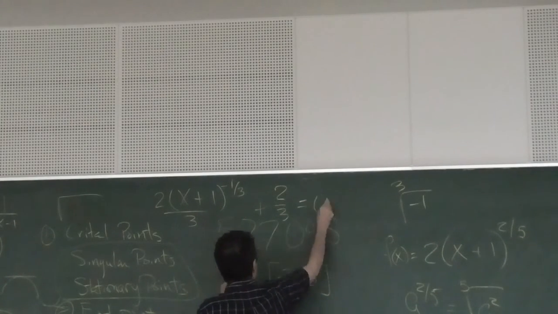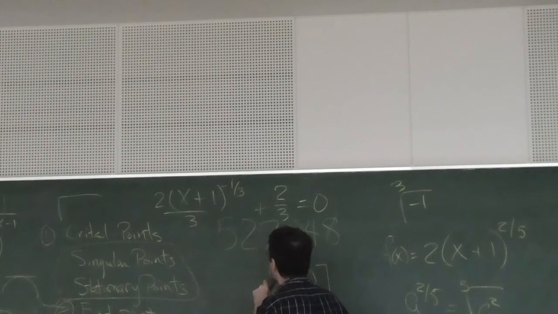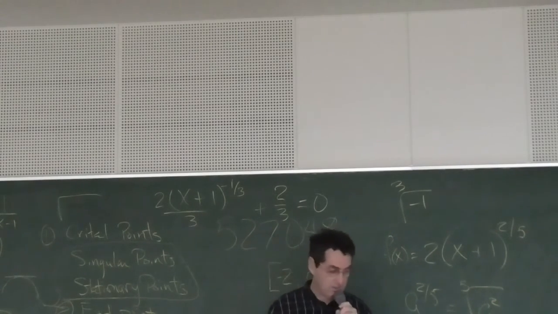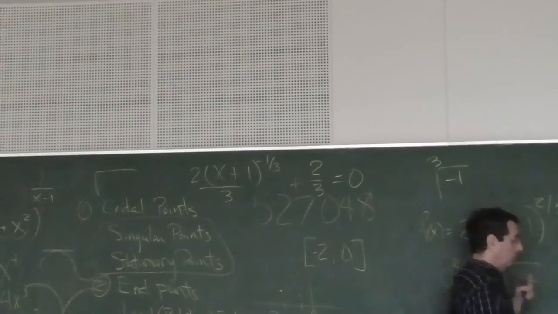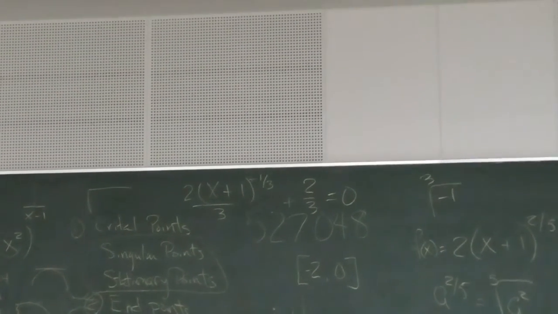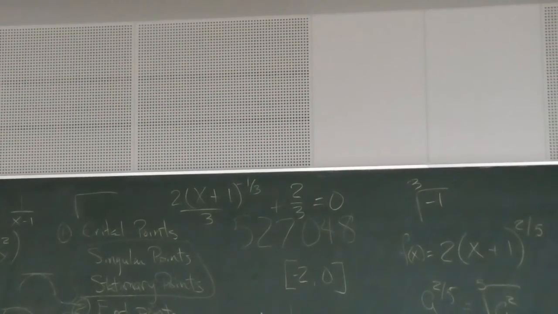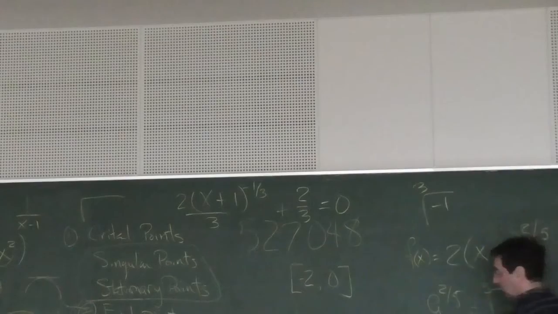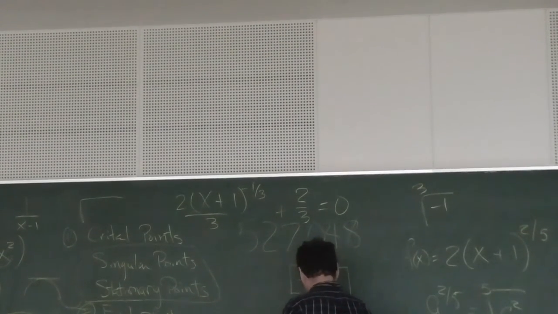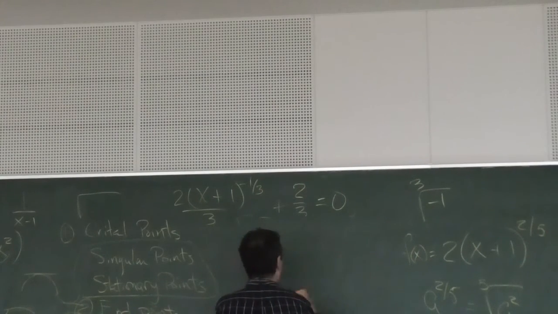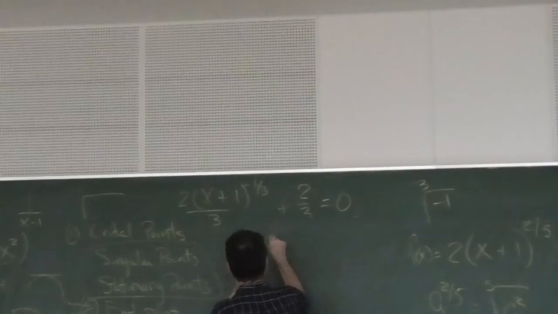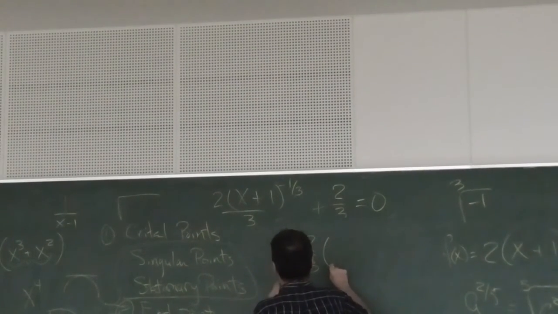And then we're asking, is that equal to 0 ever? So we can write, let's see, there's a 2/3 in both places, right? So what should we do now? I guess 2/3 times, is this going to help?